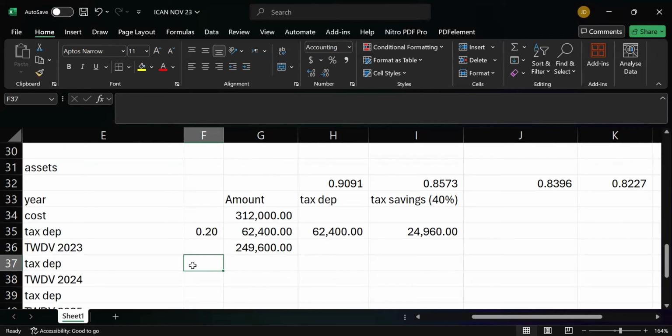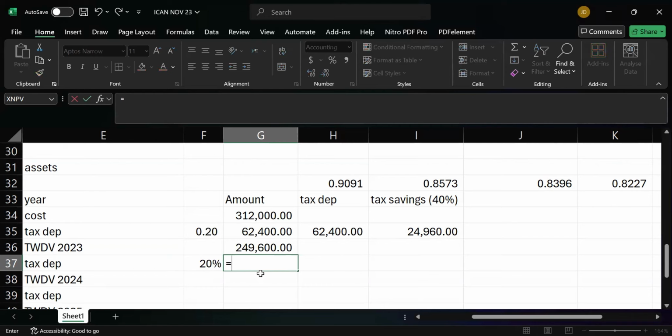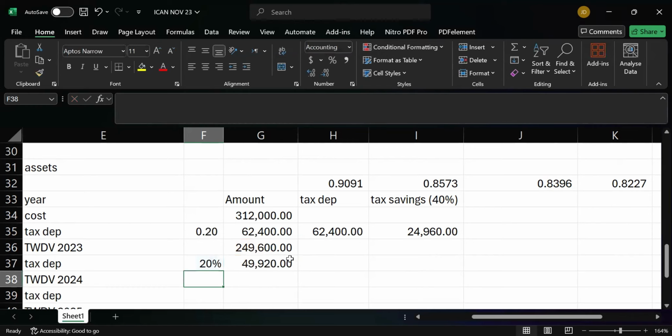The next year, tax depreciation will also be 20% of this amount. Since it's reducing balance, the percentage will always be on the tax written down value of the previous year. So 20% times this amount. So this is the tax depreciation for that year.